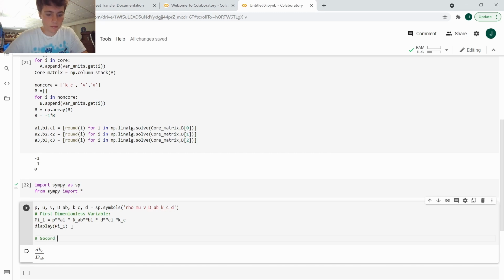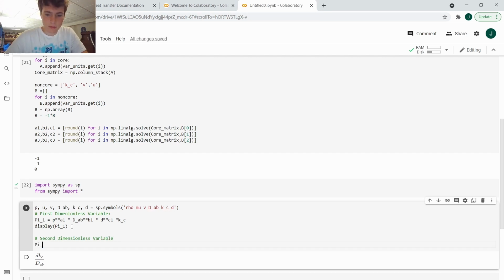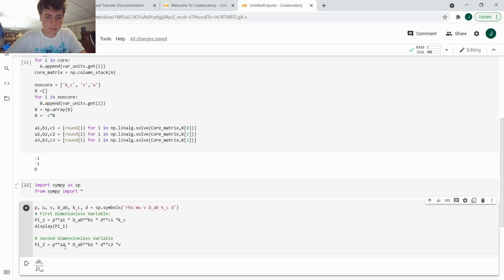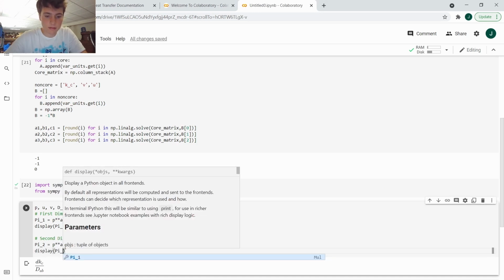Second dimensionless variable. Pi2 is what we called it. We'll just copy and paste what we wrote before, just changing the exponents in the non-core variable. So all of these are 2. And our non-core variable for the second dimensionless variable was velocity. And then we'll just display that.